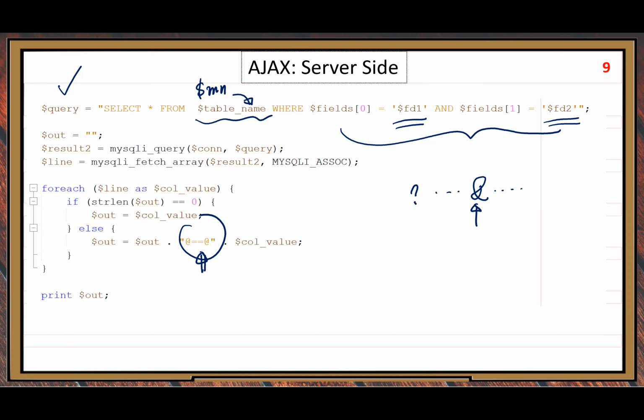So I try to make the symbol not too common. That's my goal. Here I select this one, but you can have your own choice and make your own special symbol if you like.